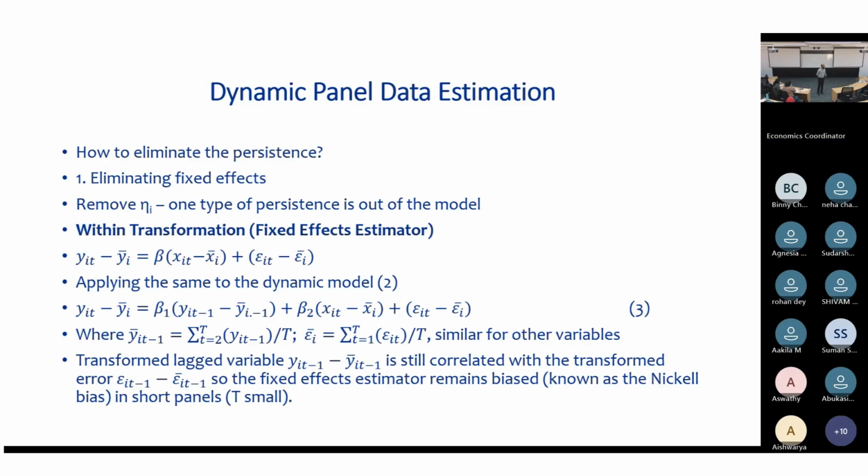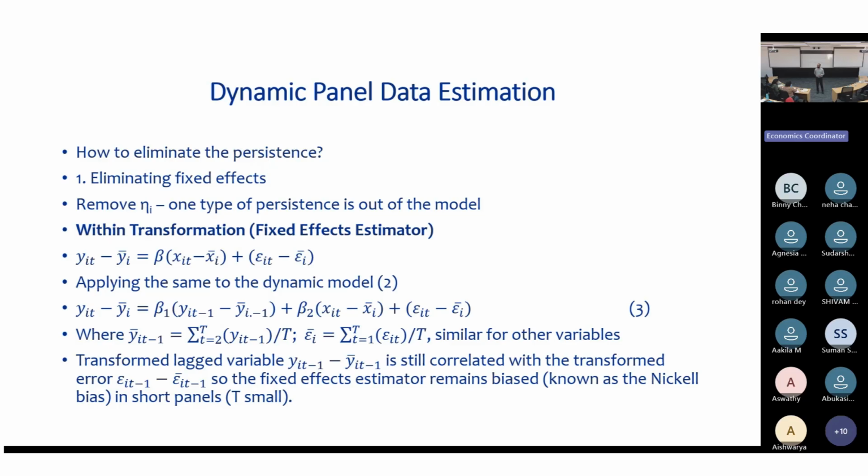Yes or no? Why? What is still there? It is connected to yit through this xit minus 1. That is not going away. We are not able to solve the endogeneity problem as well as the autocorrelation problem with the fixed effect transformation or first differencing. Okay.